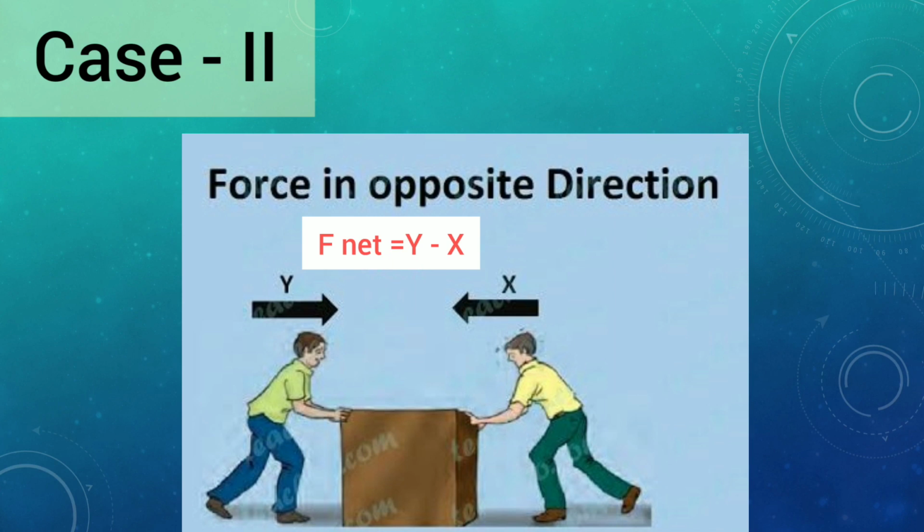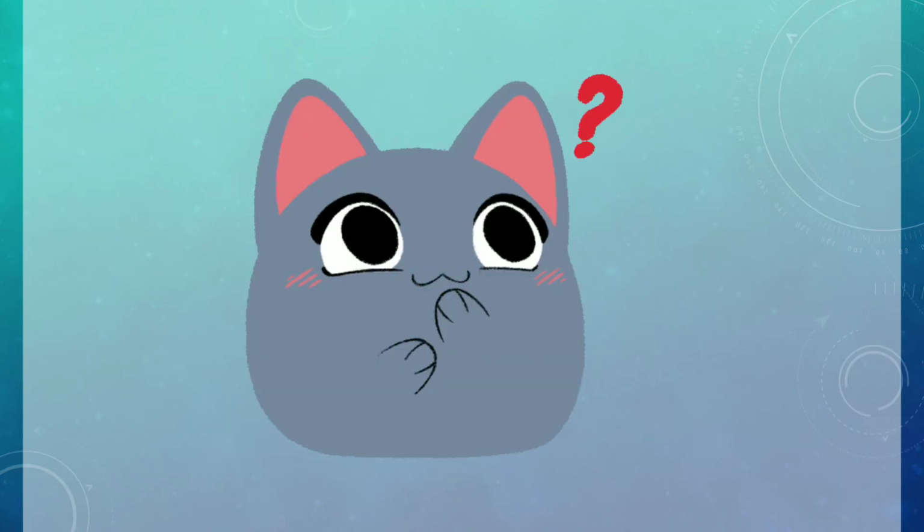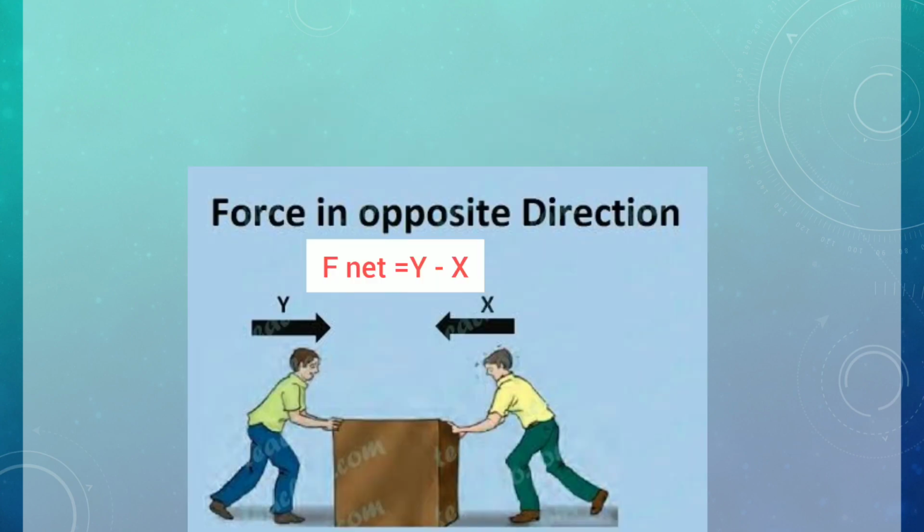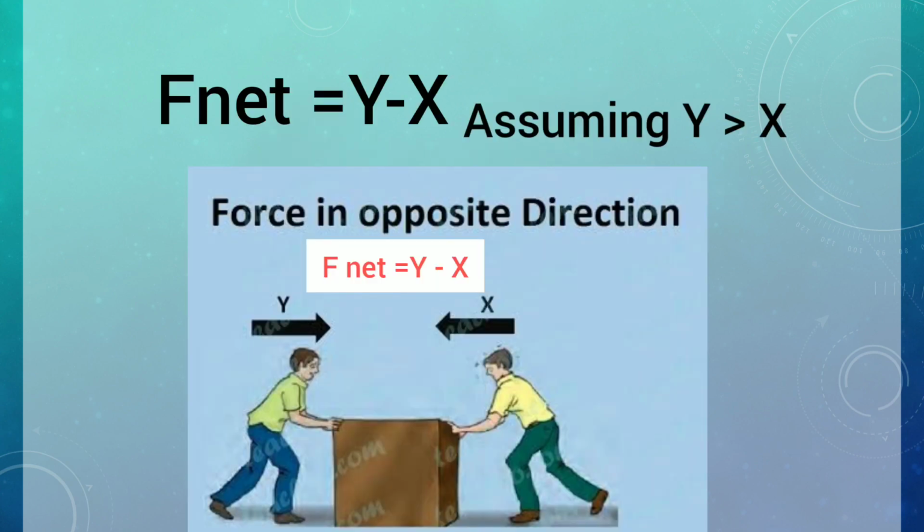The box will, however, move very slowly in this case. Do you know why? Because the net force acting on the box in this case is equal to the difference in the magnitudes of the two forces applied by the two men, and this net force is small.